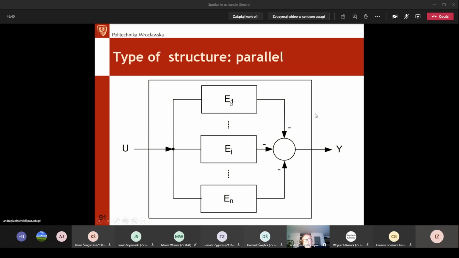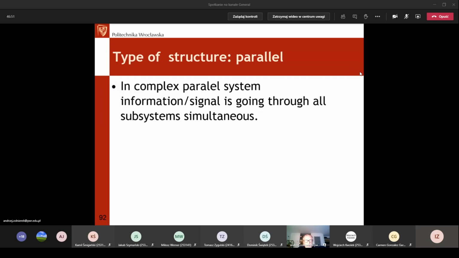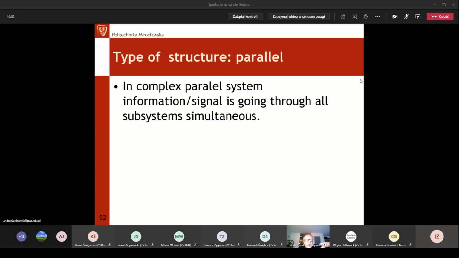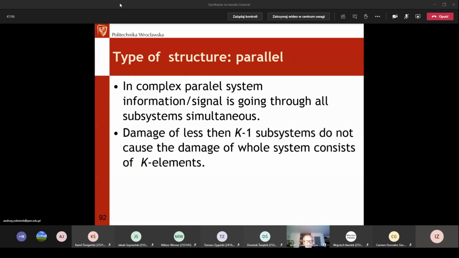Or we can just write minus here, but I propose this notation because of the next connection. So in the parallel structure, the signal is going through all systems simultaneously. Of course, it will work even if one or more elements are out of order.